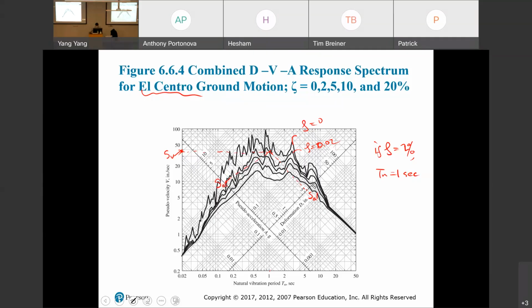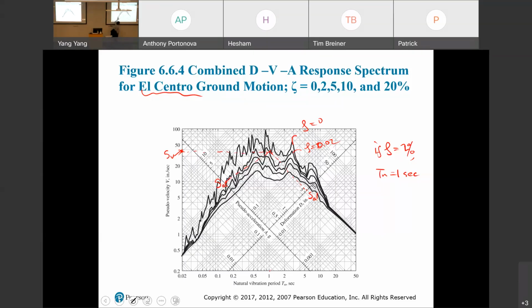That's why in the project, I require all of you to be able to construct the response spectrum similar to this. Your final results should be very close to this one, and even if you have a different earthquake record, the pattern would be very similar to this.